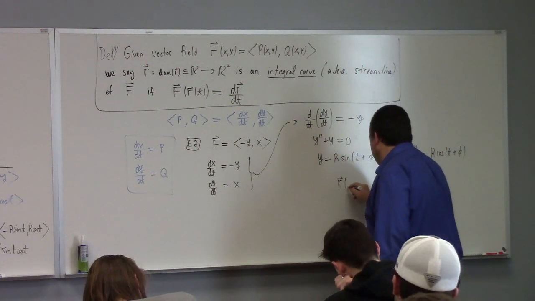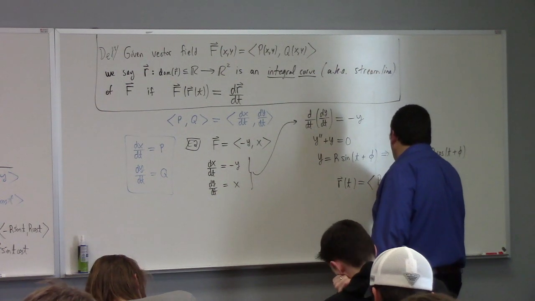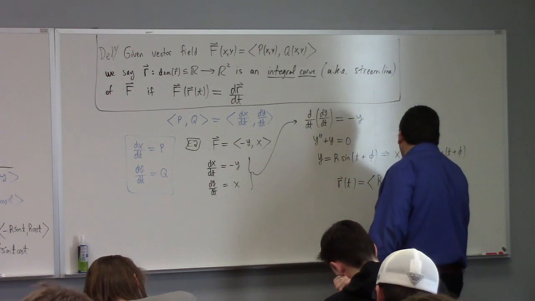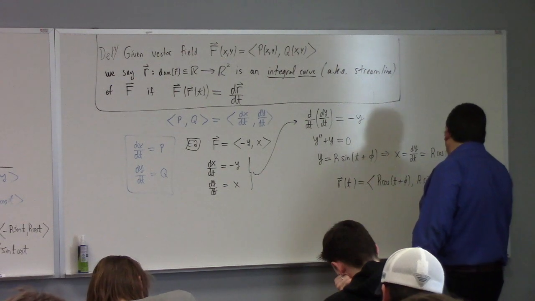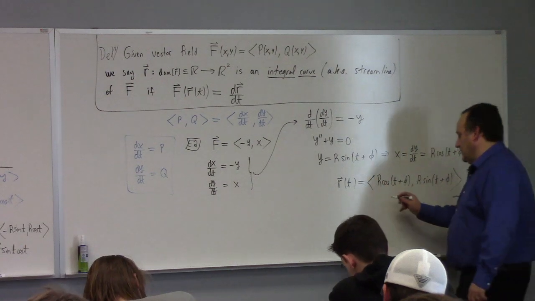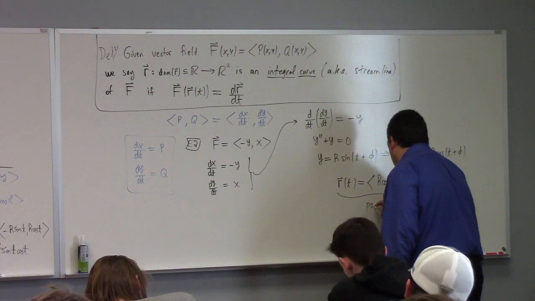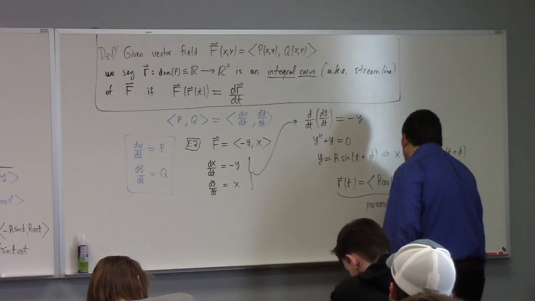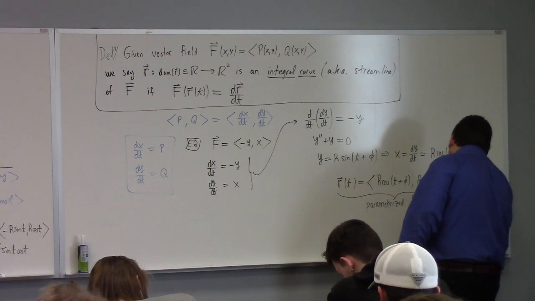Your integral curve is r cosine of t plus an angle, comma, r sine of t plus an angle. So this is a parametrized integral curve for f.